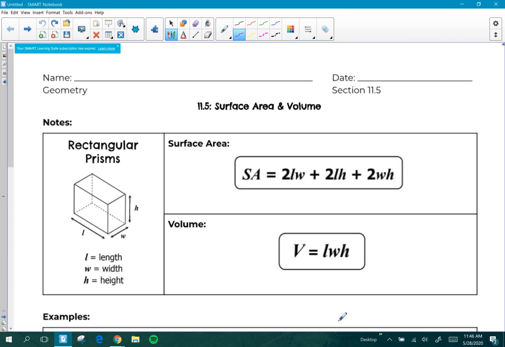Because when you wrap a gift, you can't really wrap it and still have some of the box showing. The point is to cover the entire gift. So surface area is the area of all of those sides of that box added up. Think about it like taking wrapping paper and covering an entire gift. That's what that number means.